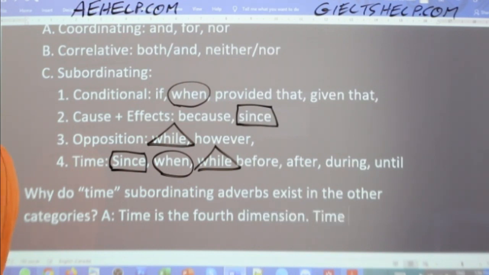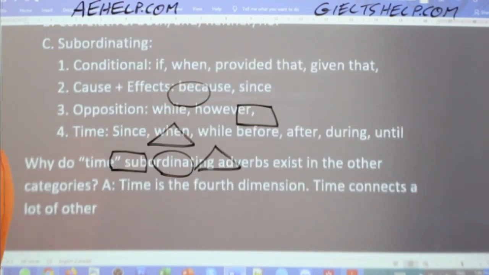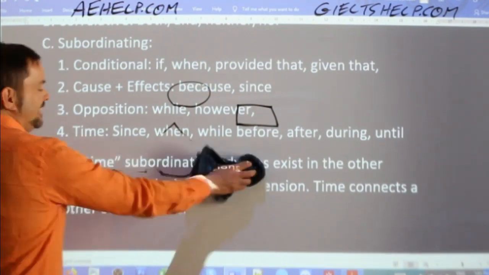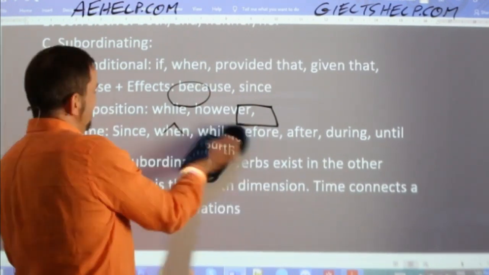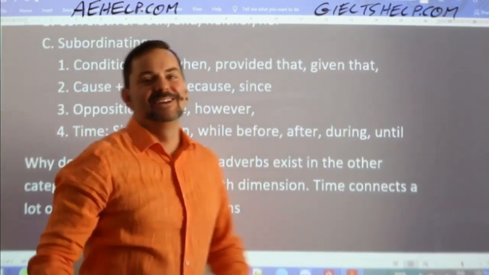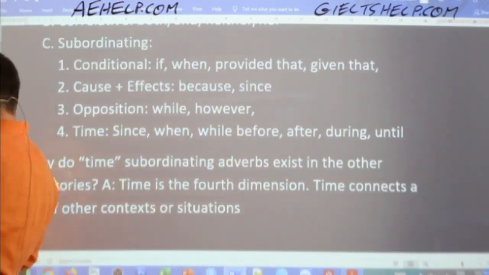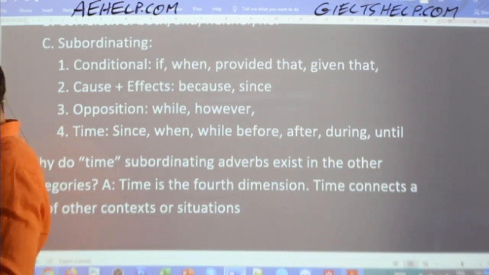Time connects a lot of other contexts or situations. Okay, I'm going to explain this to you more clearly, all right? Alexander says, questions are crazy too. It's not about being crazy, Alexander. There is actually logic to this situation.